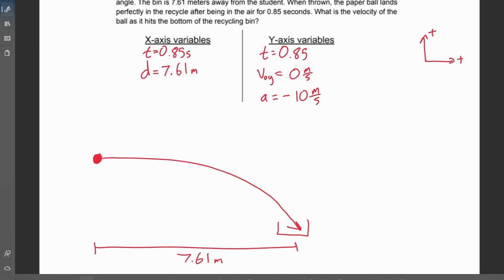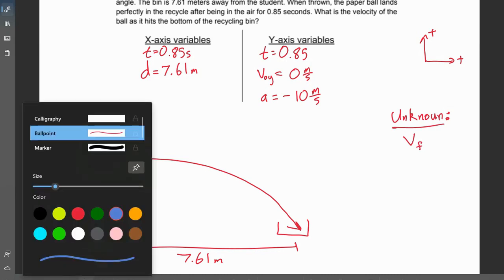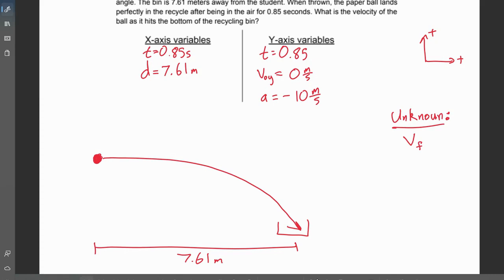What is the velocity of the ball as it hits the bottom of the recycling bin? Okay, so truly our unknown here, terrible handwriting, but you know what I'm going for, is final velocity. For our final velocity, we have to do a little bit of extra work here.